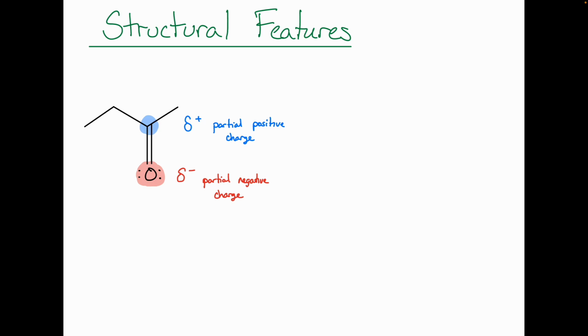All right, and so because of that, our carbonyl carbons are good electrophiles. They're left relatively electron deficient. They got this partial positive charge, so they'll accept negatively charged electrons. All right, so our carbonyl carbons are good electrophiles.